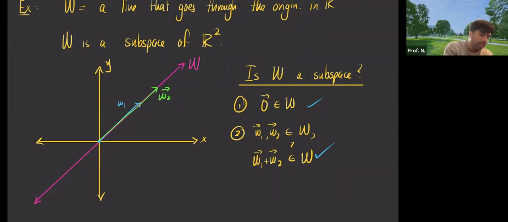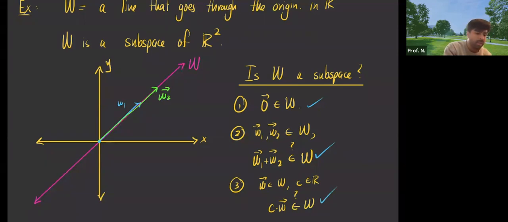And then if I have a vector and I have a scalar, what is C times W? Is this also in W? So if I have a vector and I scalar multiply it, then I get another vector on the same line, obviously. So again, these three things hold. Then what's the conclusion?